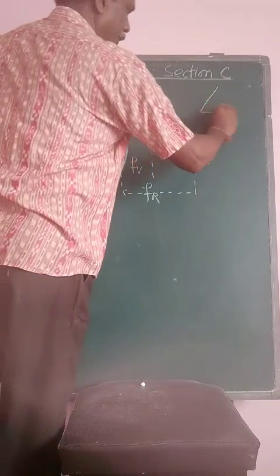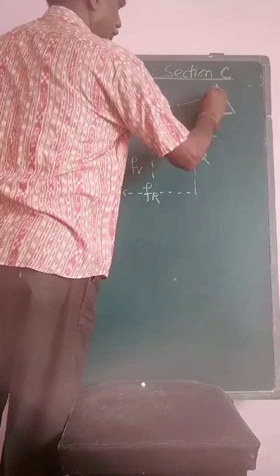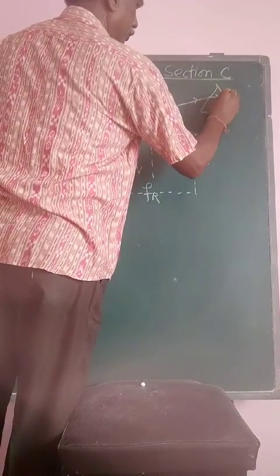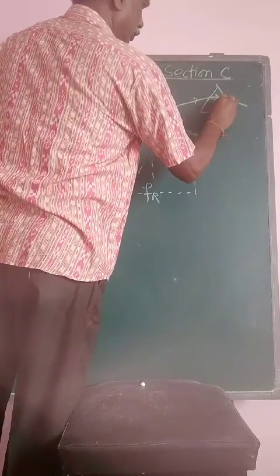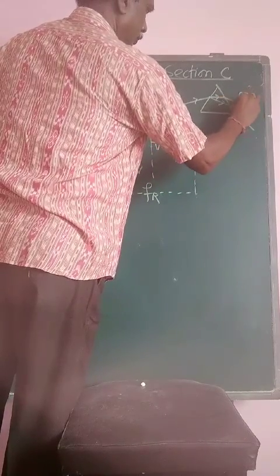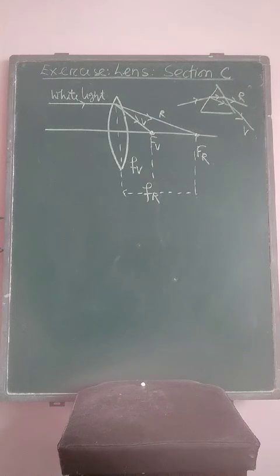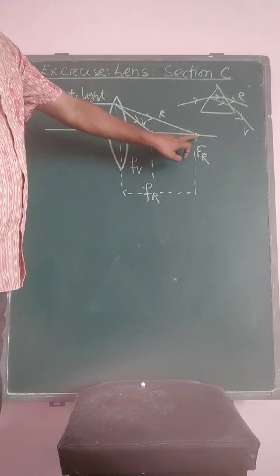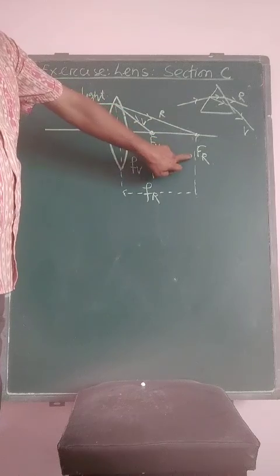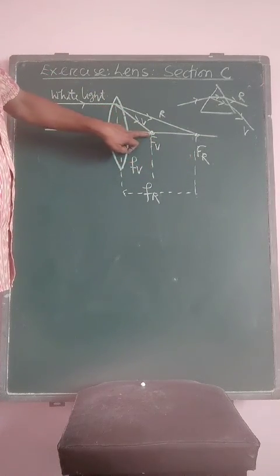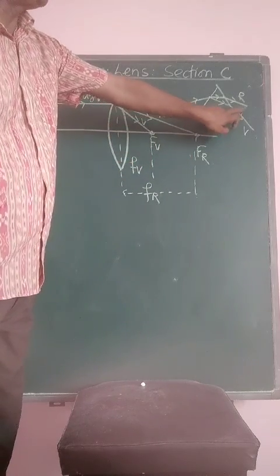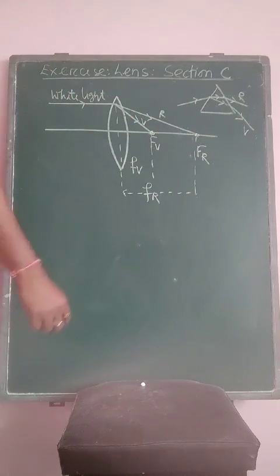You remember prism? Just like in a prism, here the white light will be dispersed into 7 colors. Red will meet the axis here, so this is the focus for the red. Violet will meet here because violet is deviated maximum, red is deviated least.